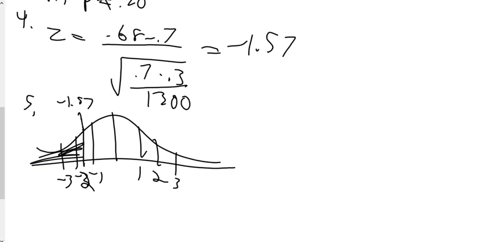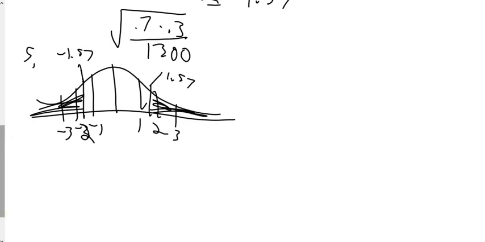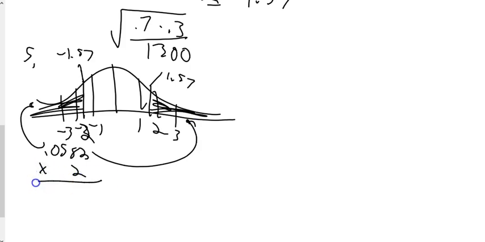If I'm doing -1.57, then I'm also going to do positive 1.57 right here, because it's symmetrical. And since I have -1.57, I can just look up on my chart and just use the number I get from the chart, which is 0.0582. That's that one, and that's that one. So if I double that, I get 0.1164.